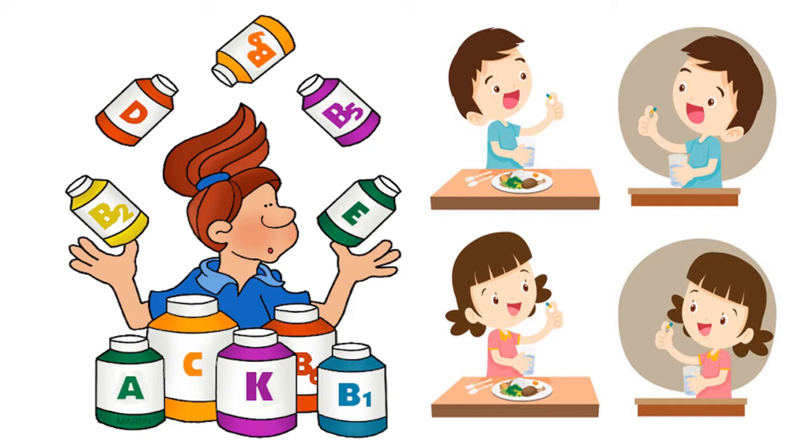Another, I eat vegetables and drink vitamins every day to keep my immune system strong, or I have to minimize playtime to give enough time for myself to answer my modules and assessment tasks.